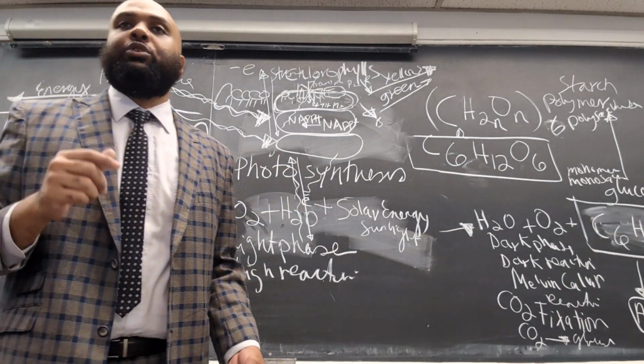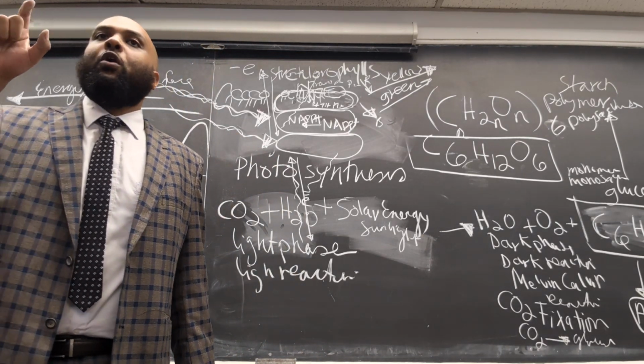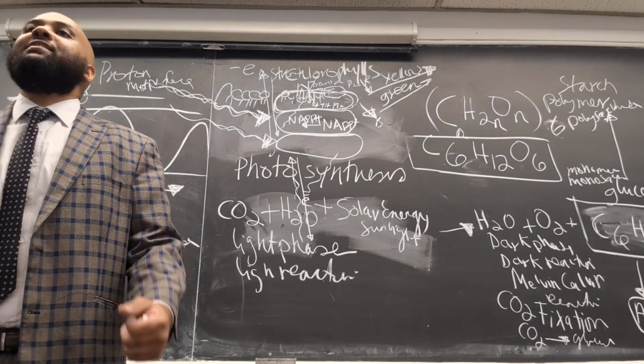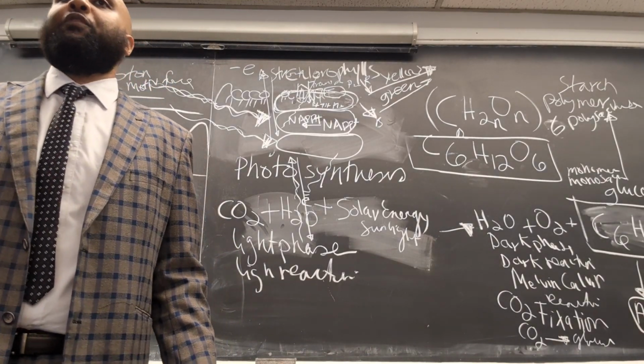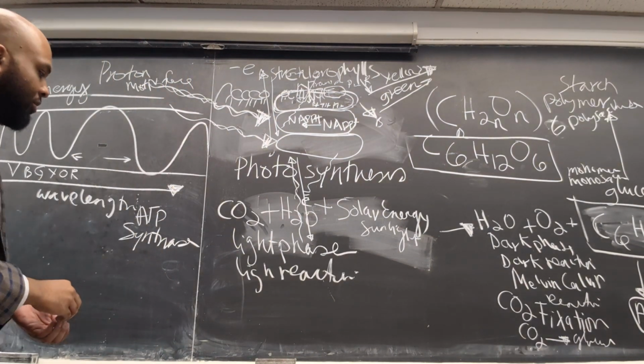So what we're going to do in the lab, we're going to take those photosynthetic pigments. Your plant has multiple different photosynthetic pigments. They have accessory and they have original.